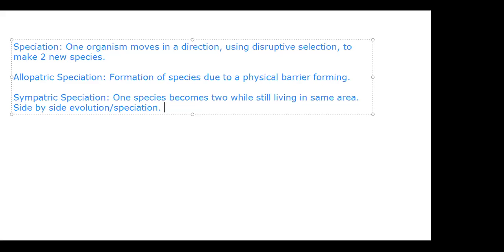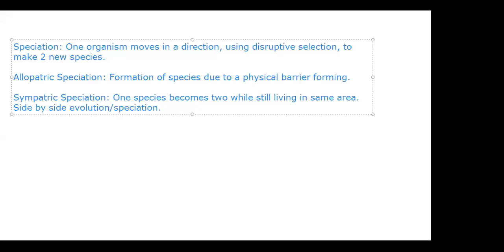With sympatric, you can imagine that some finches in a community have longer, more needle-like beaks, and some have shorter, fatter beaks. If all of a sudden the only things you have in this community are seeds that need to be broken up, or seeds that need to be scooped out with the needle beak, you're going to have selective pressures pulling one way or the other in the same area.